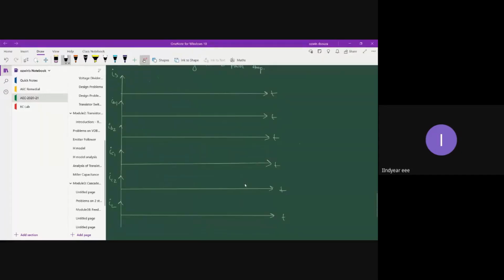Let me plot the source current. The source current is going to be a complete 360-degree bidirectional signal. Let me draw first the source current signal.